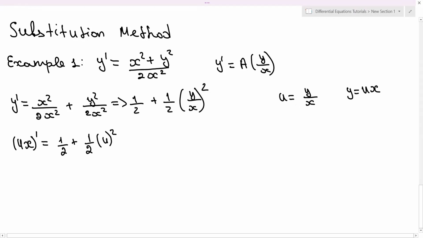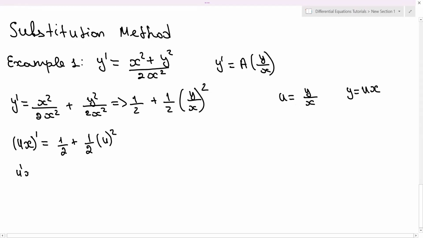Let's find the derivative of u times x. You know that when we have a multiplication, the derivative is the derivative of the first multiplied by the second, plus the derivative of the second multiplied by the first.